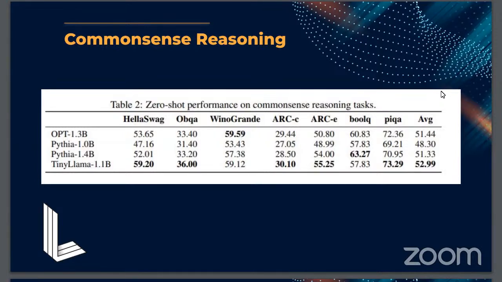If you look clearly at the zero-shot performance, TinyLlama performed better than its compatriots on all datasets other than WinoGrande and BoolQ. It was outperformed by OPT 1.3 in WinoGrande and by Pythia 1.4 in the BoolQ task. However, on average, it was the best performing model.